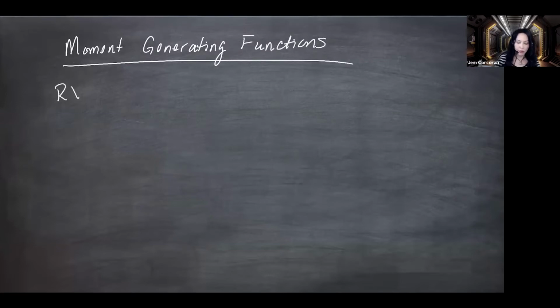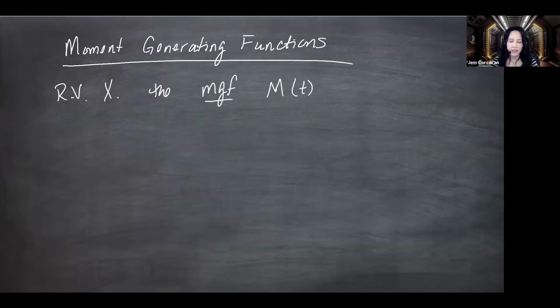So if you have a random variable x, the moment generating function, which I'm going to abbreviate MGF, I'm going to call it M. It's going to be of some variable, usually T's and S's are used, it doesn't matter. It's defined to be the expected value of e to the tx. If we have multiple random variables, then we might want to use a subscript on the moment generating function to say this one goes with x and not y.